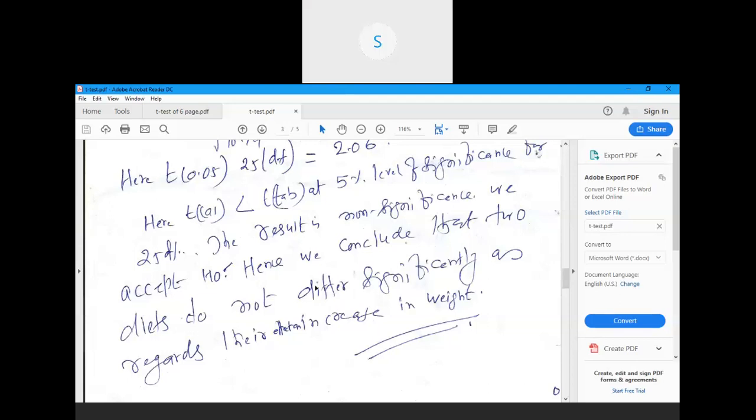Then we come to the next application, that is test the significance of regression coefficient. You may write: to test the significance of regression coefficient. Now you go for the second slide.